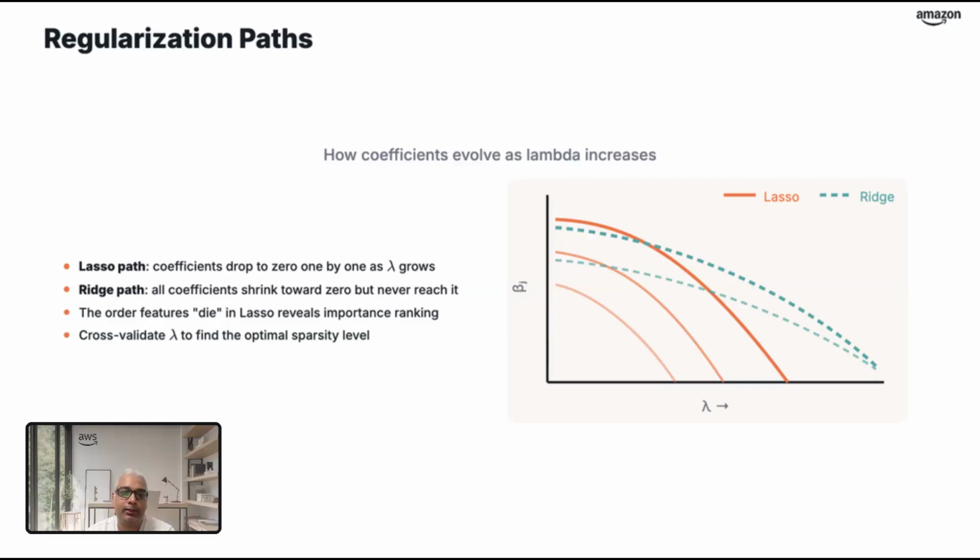In the ridge path, where L2 has more weightage, the coefficients shrink towards zero but never reach it. The idea is that we want to perform cross validation to see which ones give the optimal tradeoff between the sparsity levels and the performance we are looking for.